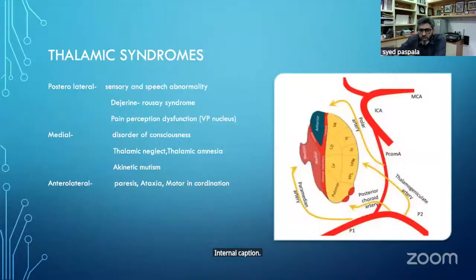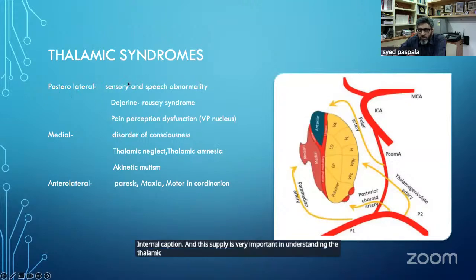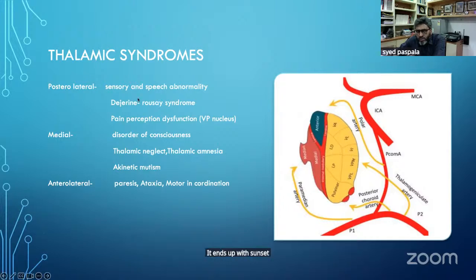And this supply is very important in understanding the thalamic syndromes. When the posterolateral part of the thalamus is affected, it ends up with sensory and speech abnormalities, Dejerine-Roussy syndrome, and pain perception dysfunction, particularly when the ventroposterior nucleus is affected.